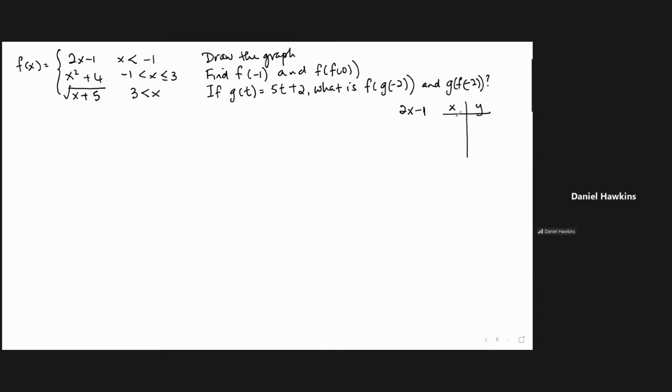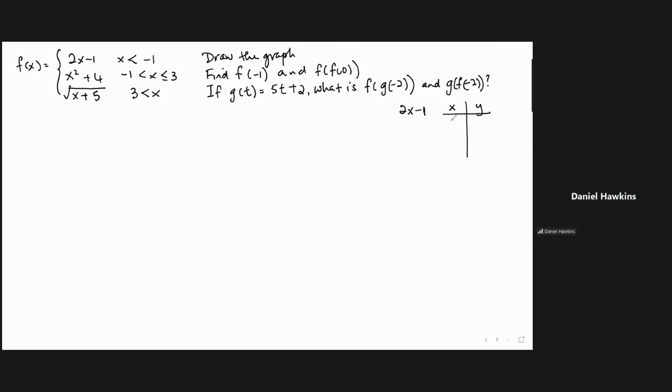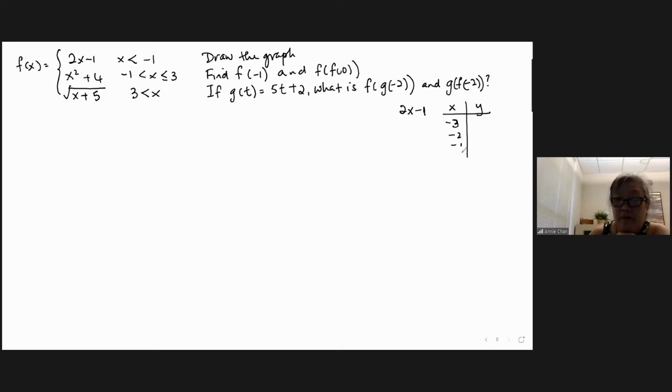Pay attention to all these intervals that are given to you first. So what would you like your x to be? -3, -2, -1. If x is -3, 2 times -3 is -6, -6 minus 1 will be -7. Okay.